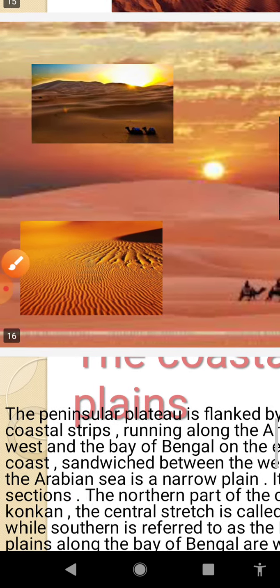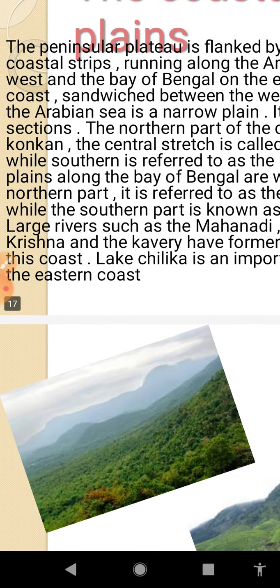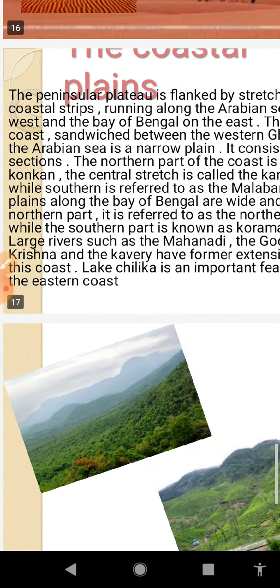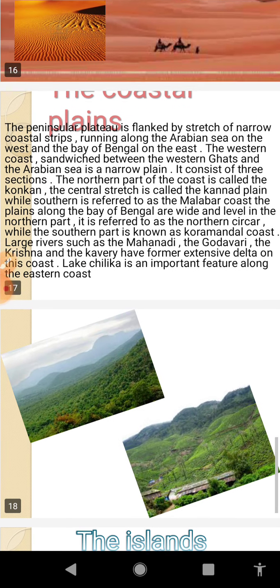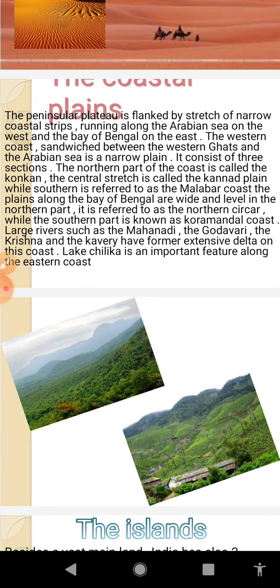First we will discuss the Western Coastal Plain. It is running along the Arabian Sea. It can be divided into three sections. The first one is Konkan, the northern part between Mumbai and Goa.